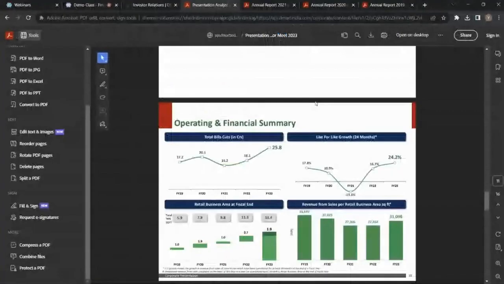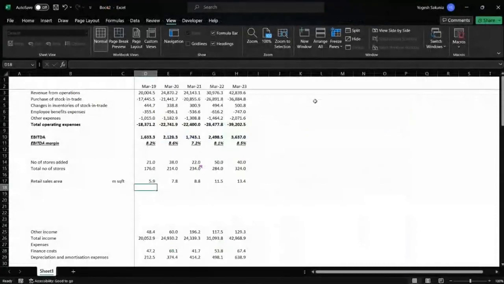Right. So this is approximately the area in terms of million square feet.